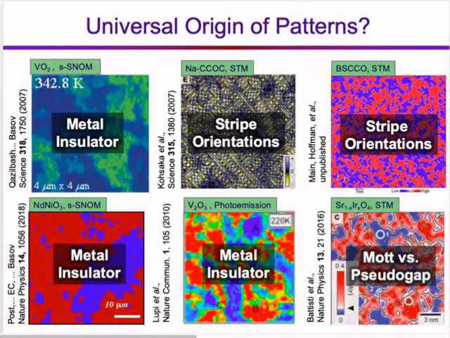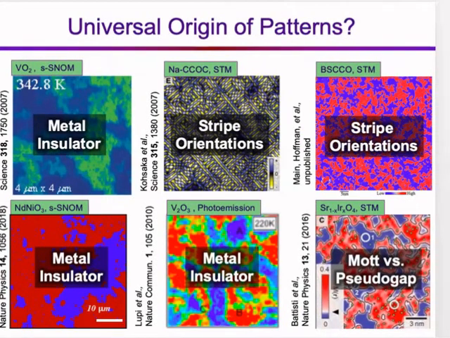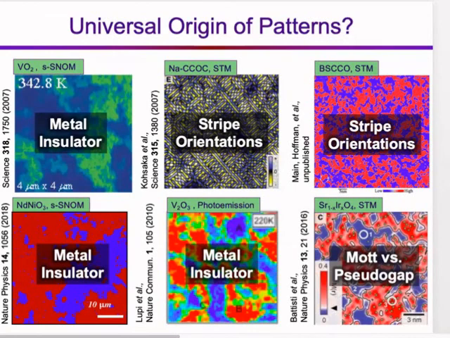So we often see, in strongly correlated materials and in quantum materials, intricate pattern formation when these materials are observed at the surface. I'm showing several for you here, and I'll focus in on vanadium dioxide today. But I want to give you a sense of this.